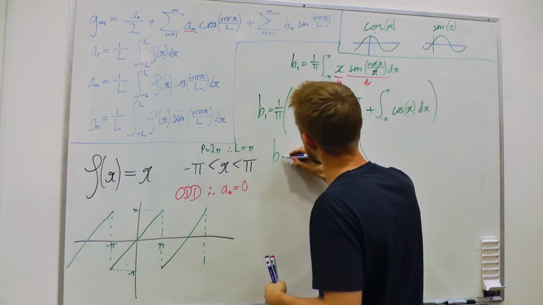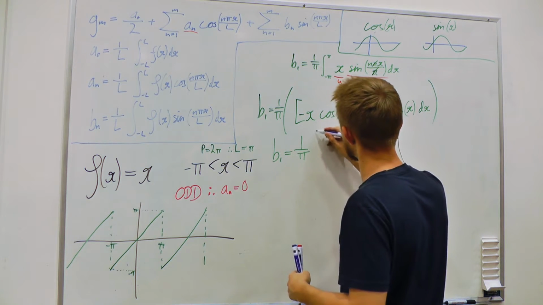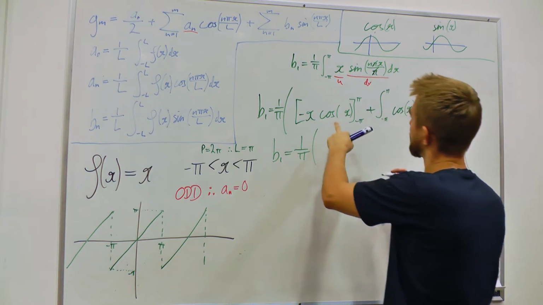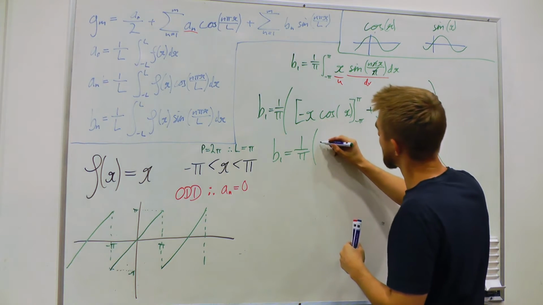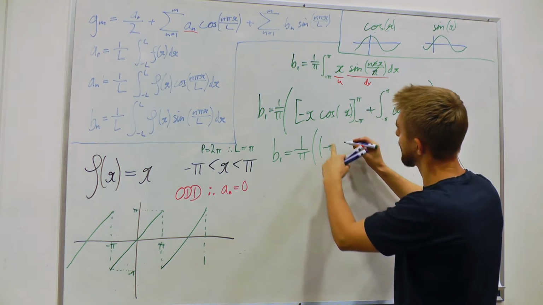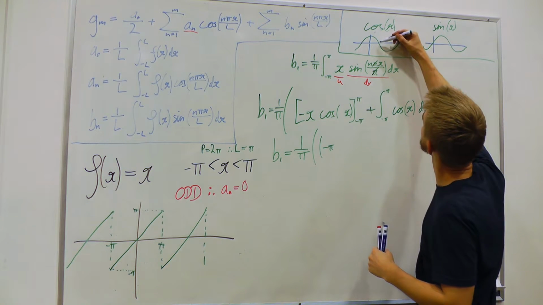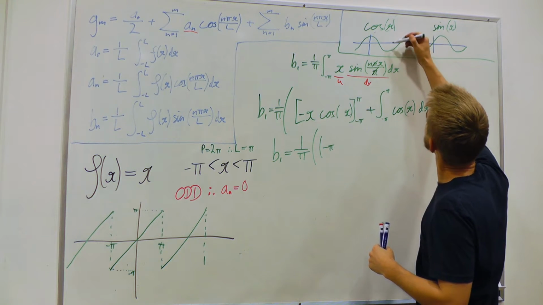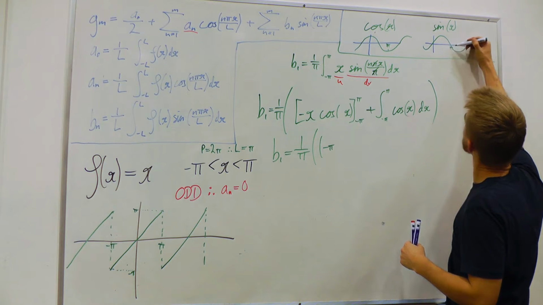Right, let's go through again and simplify. So 1 over pi, and we've now got to sub this thing in. So what is minus pi cos of pi? Our cos function looks like this. Here is pi on our cos function.